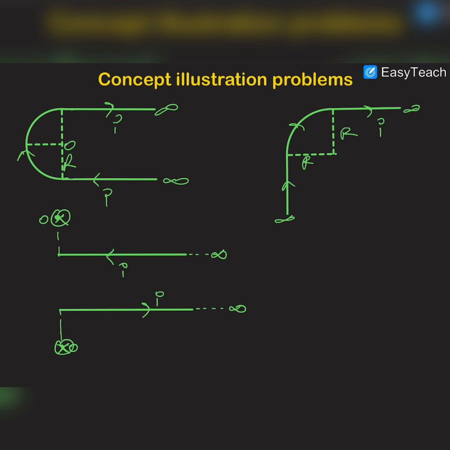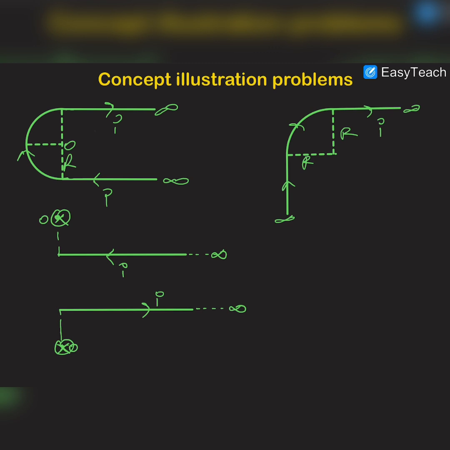First of all, we calculated the direction separately for each wire, but now if current is following a cyclic path, you can see that this current is moving in a cyclic path around this point. The point which is bounded by a cyclic path of current will have the magnetic field in the same direction from all of the parts of the cycle, and you can find that direction by using Fleming's right hand screw rule for circular rings.